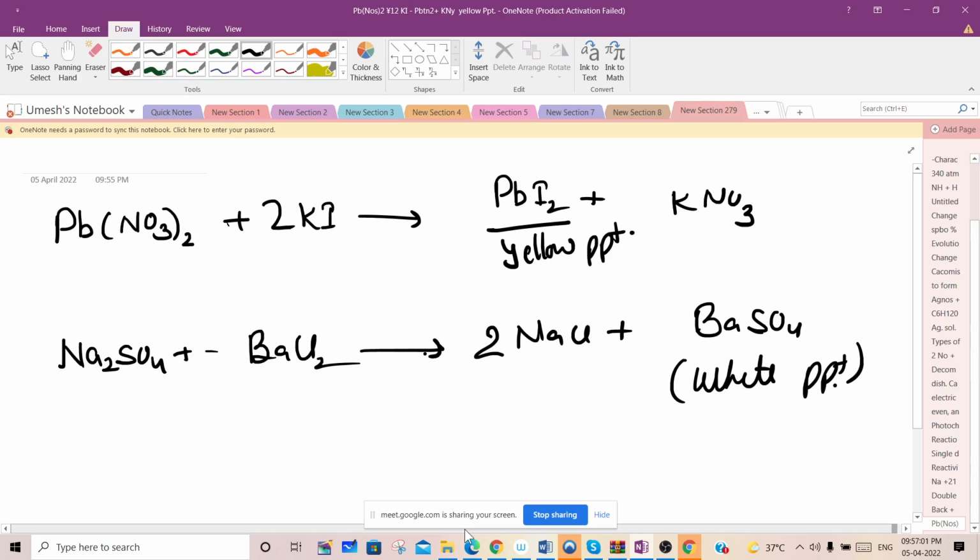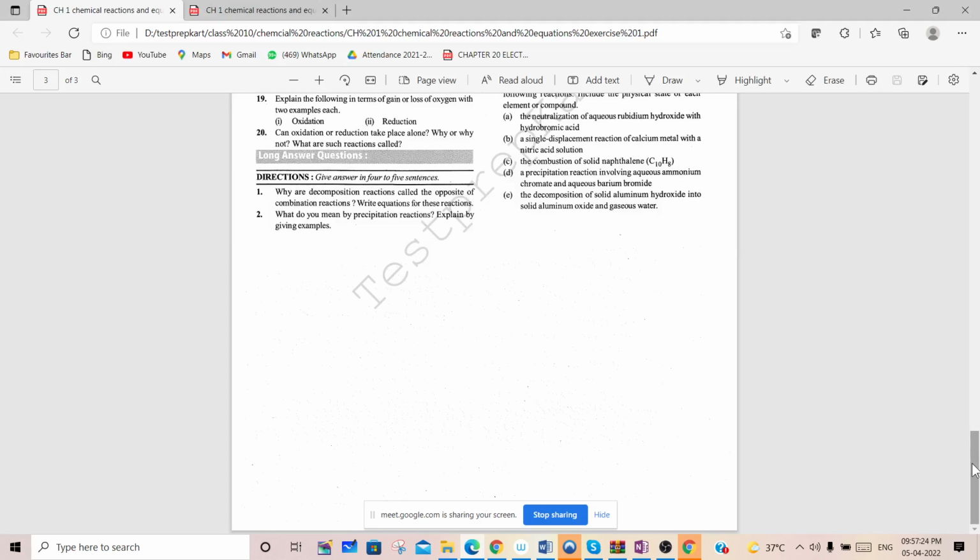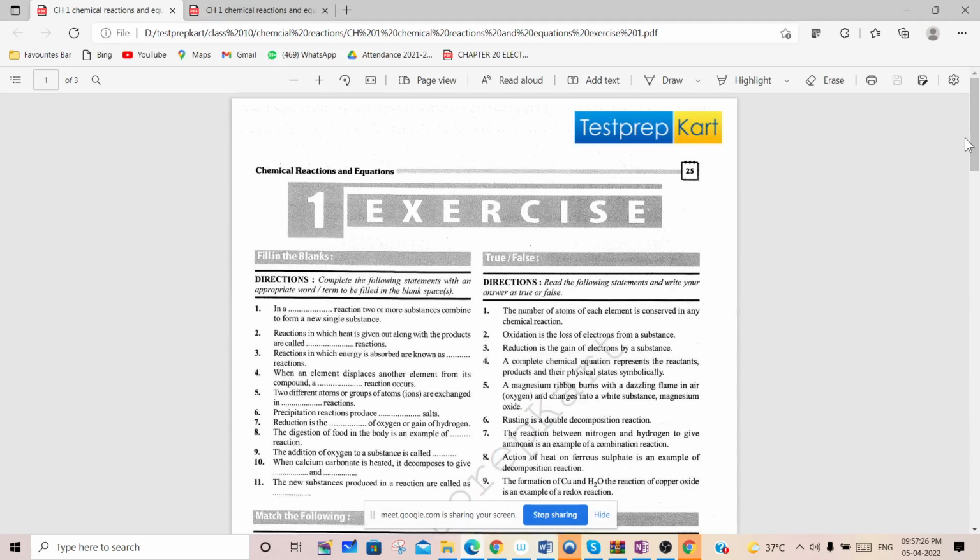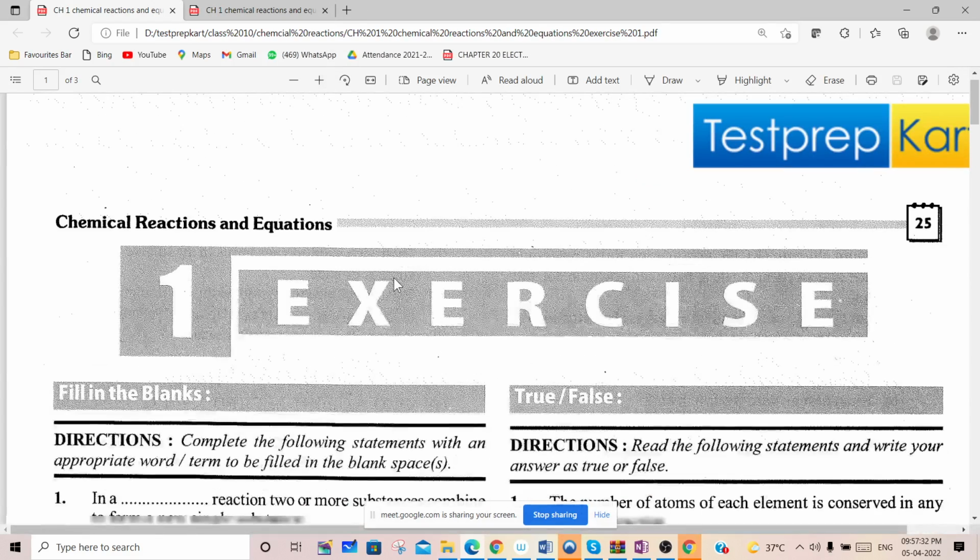Now, note down everything. Now, here I have one assignment for you. Let us discuss this assignment step by step.